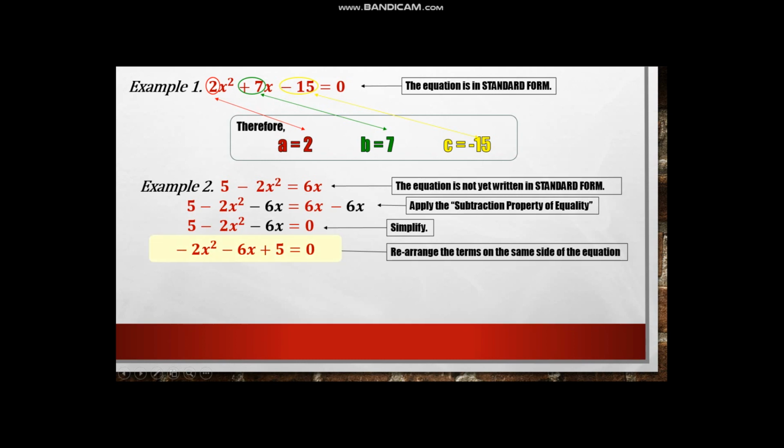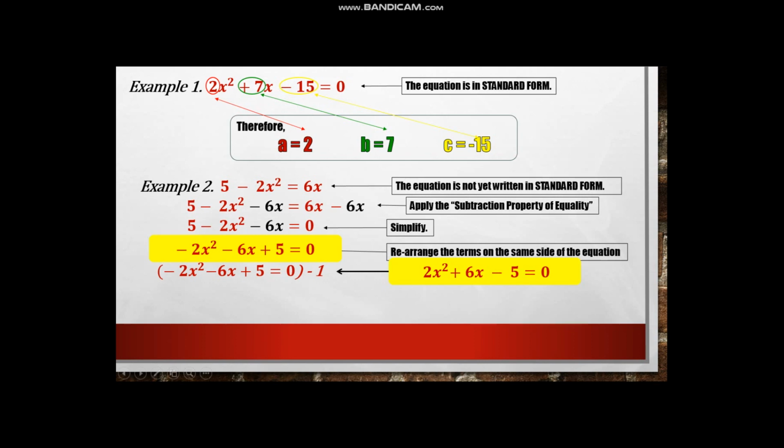So therefore this is already written in standard form, but because of the presence of the negative sign here, I want you to multiply the equation by -1 in order to get 2x squared plus 6x minus 5 equals 0, which is also a standard form of the given equation.